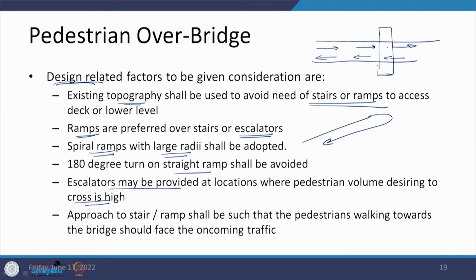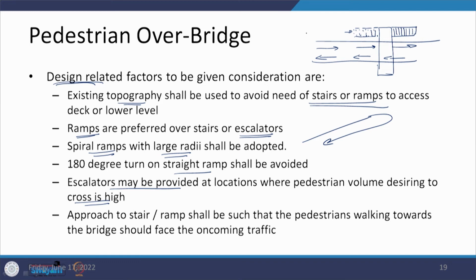How this is going to be provided is what we are looking at. One possibility is that we provide stairs or ramps from this side, so the person can go up in this way, or it can also be provided in this form. Again, there can be stairs or ramps.